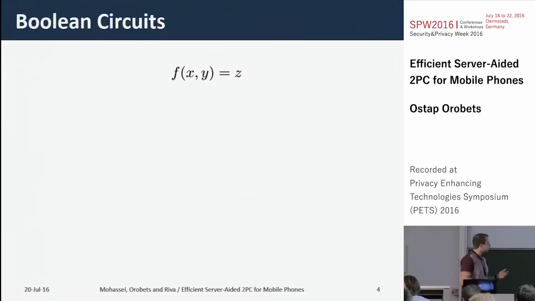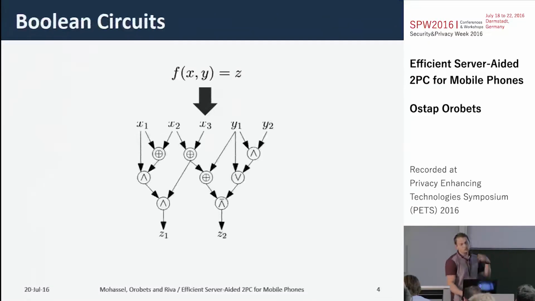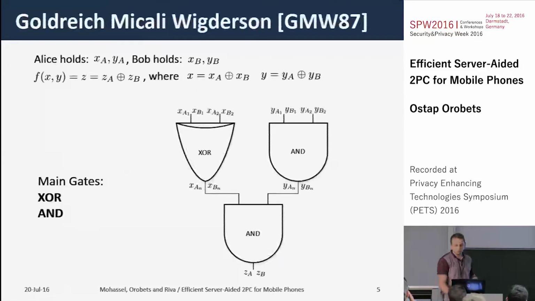Any function f of x, y, using special compilers, can be converted to a Boolean circuit. So we have a bunch of logical gates, and they're connected via wires. If we can compute this Boolean circuit in an oblivious and efficient manner, then we are done with our computation.